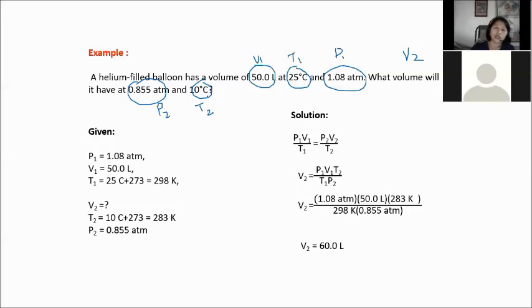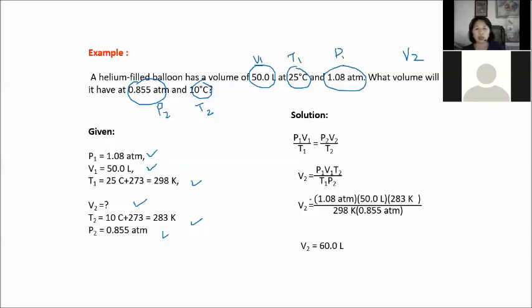Okay, so again, kasi naka-Celsius ang temperature, i-convert natin yan to Kelvin. So 25 plus 273 is 298, 10 plus 273 is 283. Next, V1 is 50. P1 is 1.08. V2 is unknown, and P2 is 0.855.